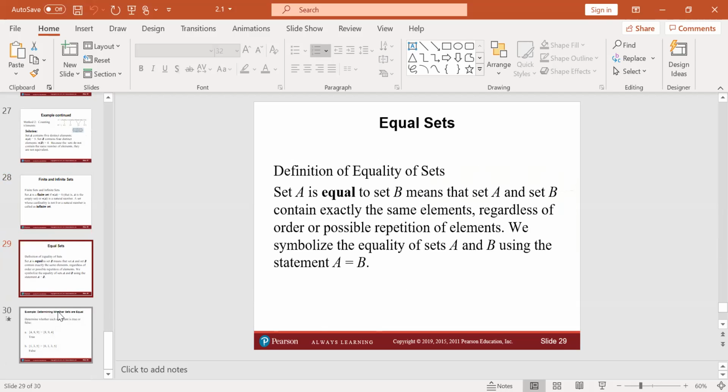So two sets are equal if they are the exact same set. Now we might rearrange the objects in the set. They don't have to be in the same order. But they have to have the exact same elements.